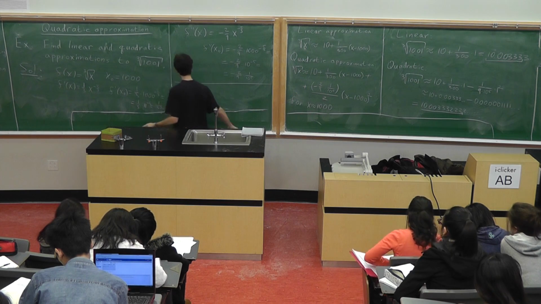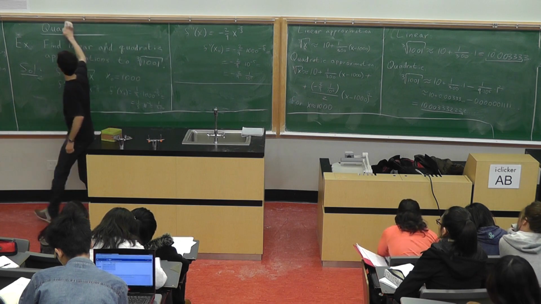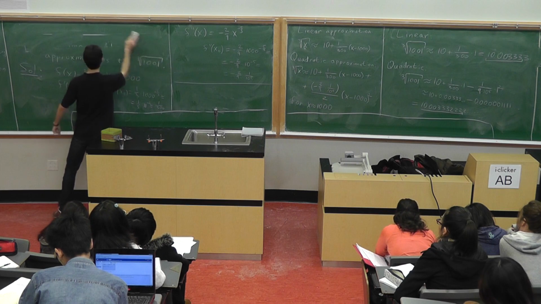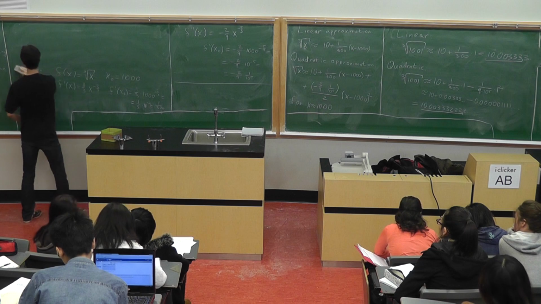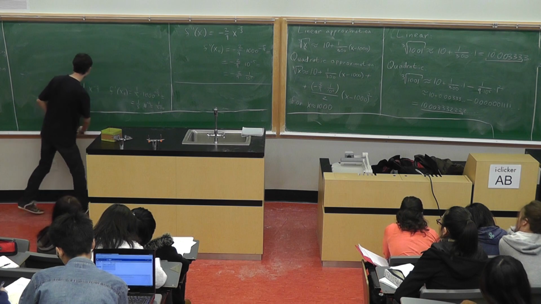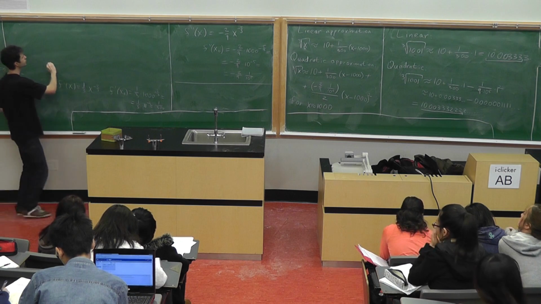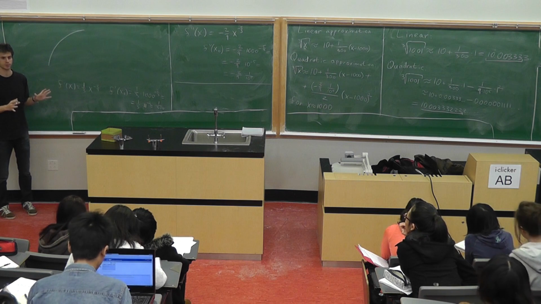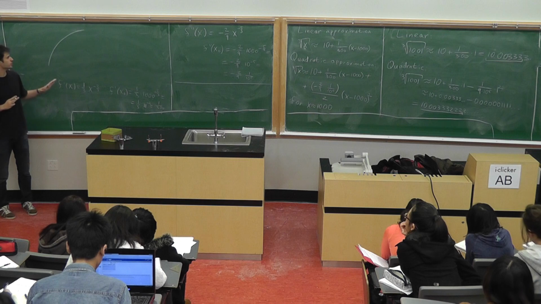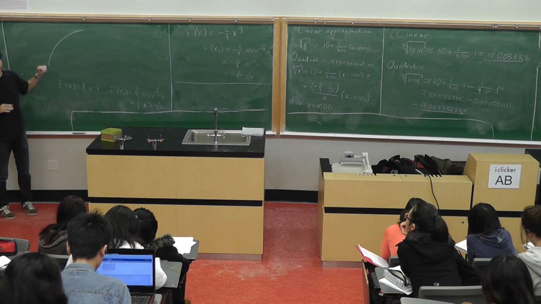So the reason I want you to do the following. In approximation, I try to approximate the graph of a function by some geometrical shape. One geometrical shape is, say, a horizontal line.